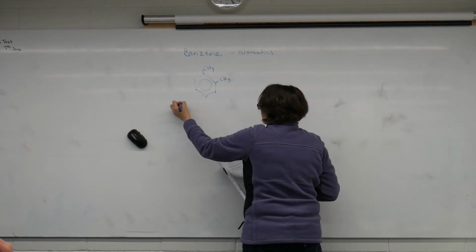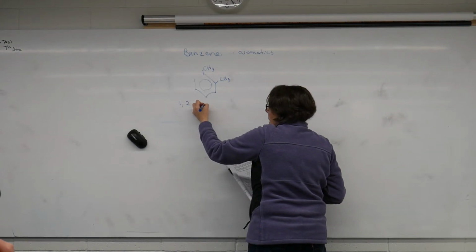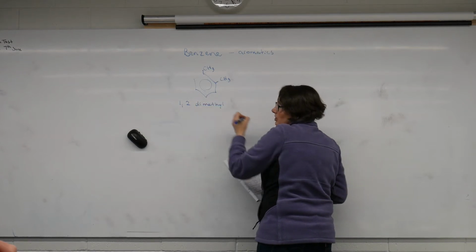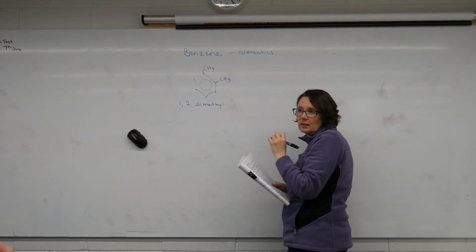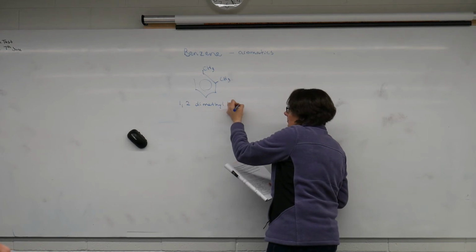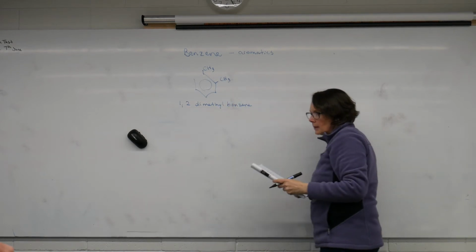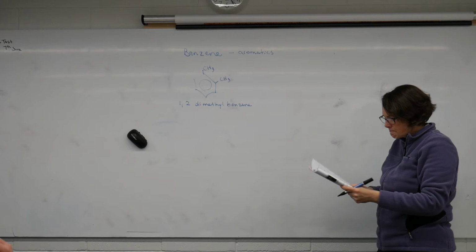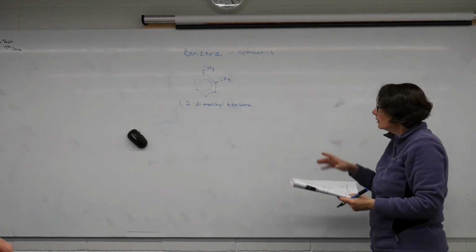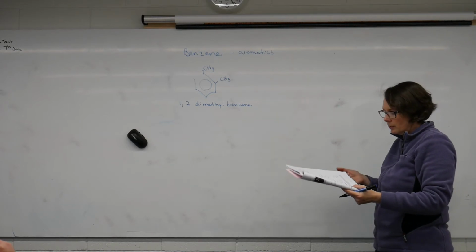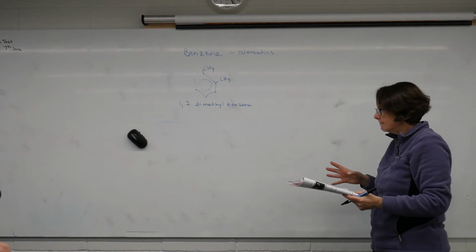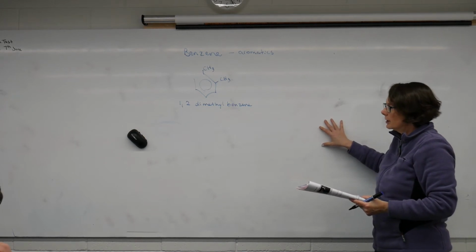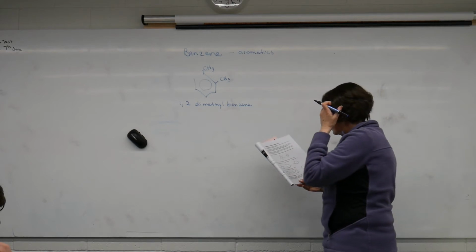It's just 1,2-dimethyl, which is how we'd name that anyway, isn't it? And then benzene. Yeah, and so we number in the same way. We want to make sure the numbers of our side chains have the smallest number possible.